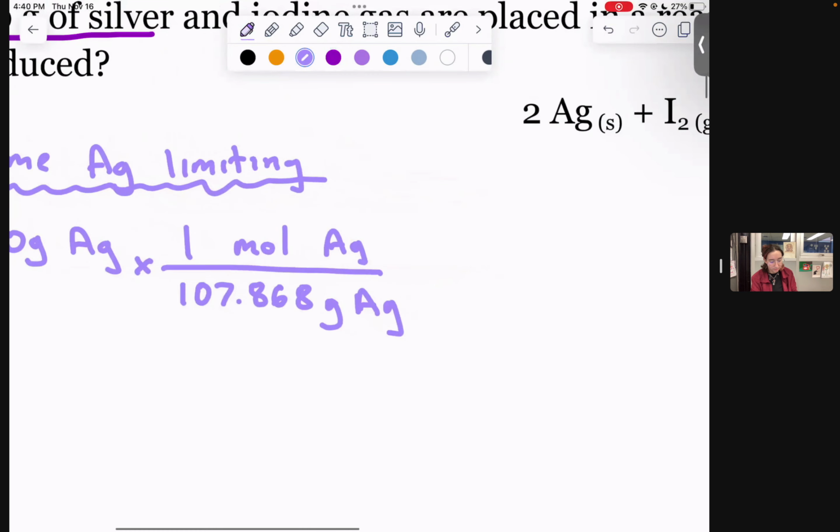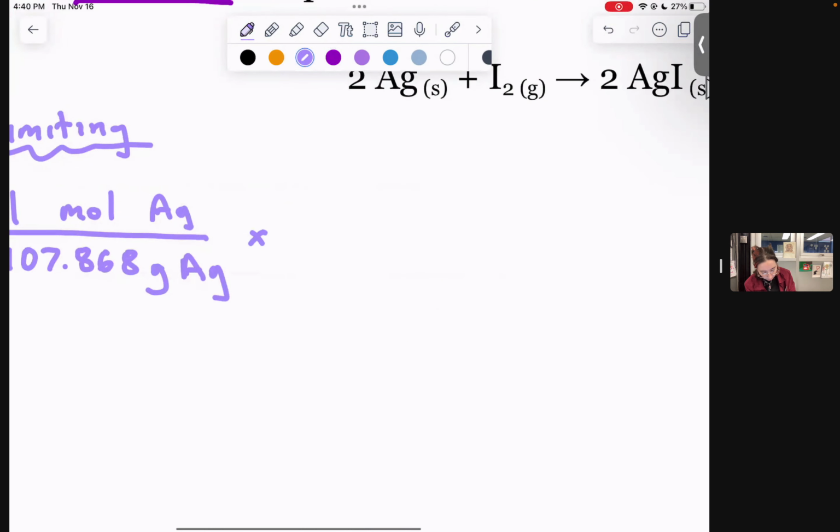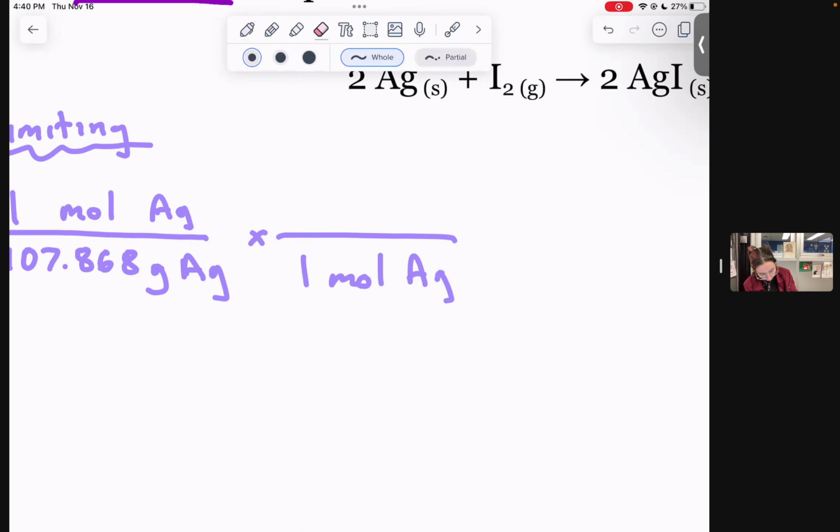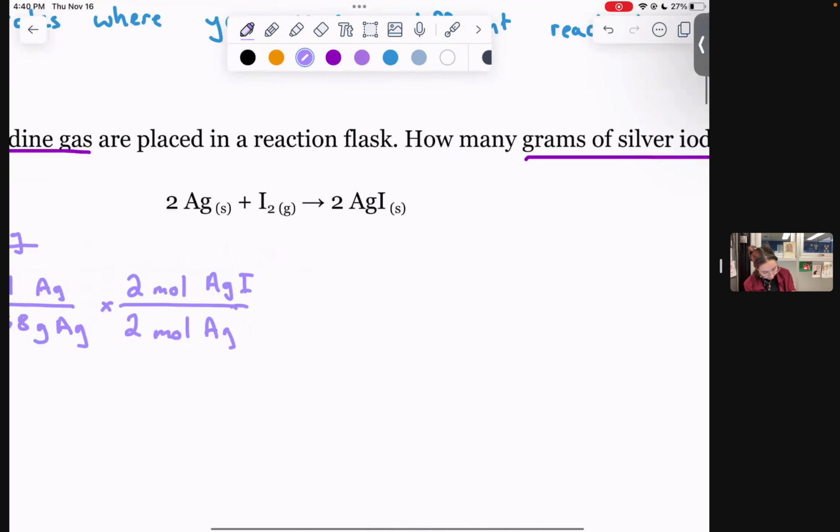Now we have moles of silver. To change it into moles of silver iodide, I'm going to cancel moles of silver. I messed up. I'm going to use my mole ratio from my equation: 2 moles of silver to 2 moles of silver iodide. And the question is asking for grams.